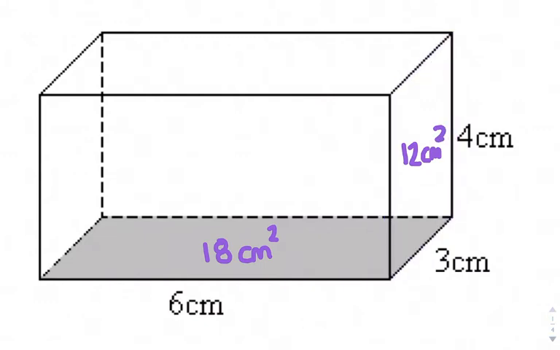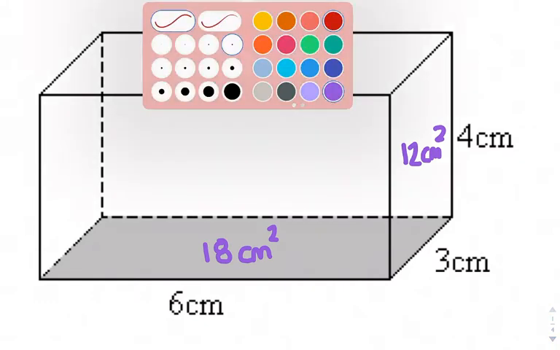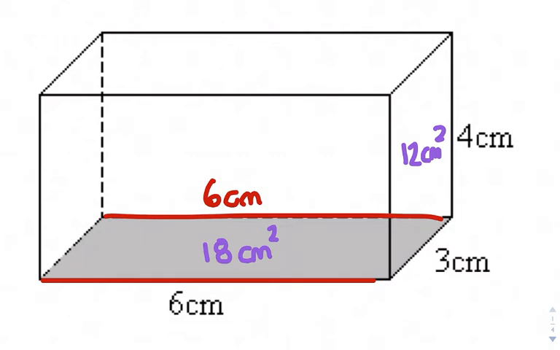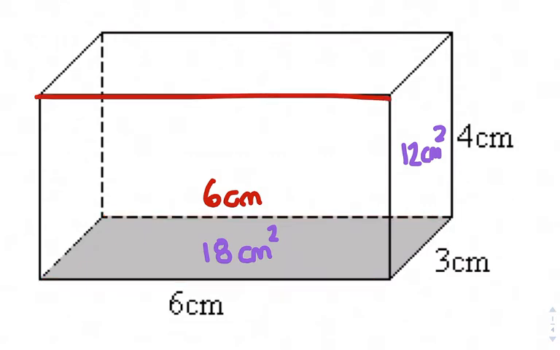Now I have to imagine here, okay? So I'm going to label all my sides. 6 centimeters is this length, but it's also this length back here. It's also this top length and this top length. That helps me because now I can find the other areas of each rectangle.